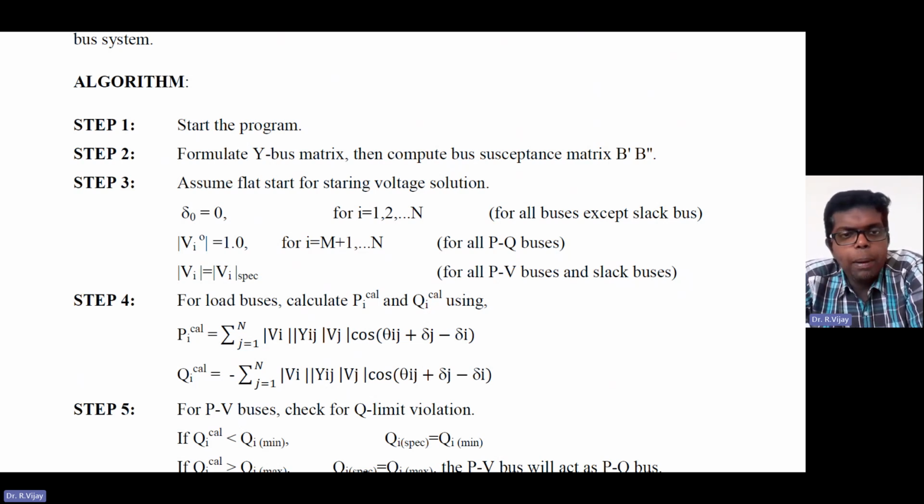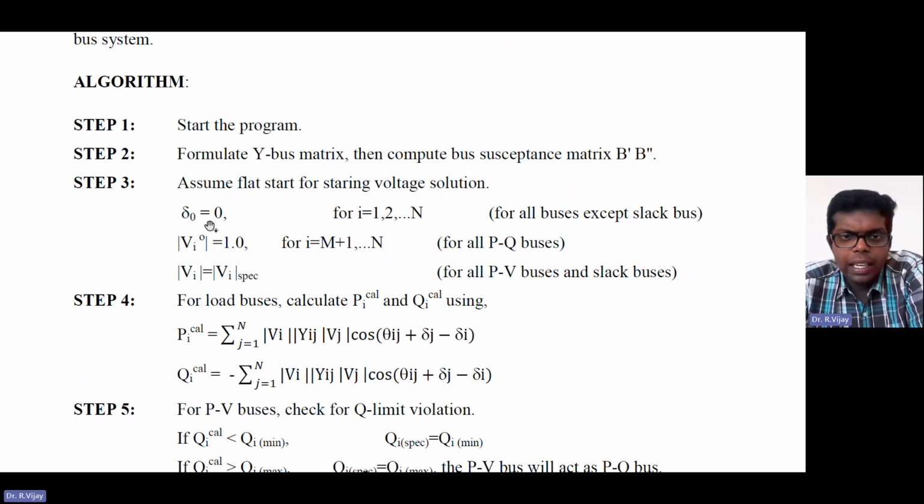Next, what is step number three? Assume the flat start for the voltage solution. Flat start, as you already know: V_i^(0) is equal to 1.0 plus j0, that is 1 at an angle of 0 degrees.